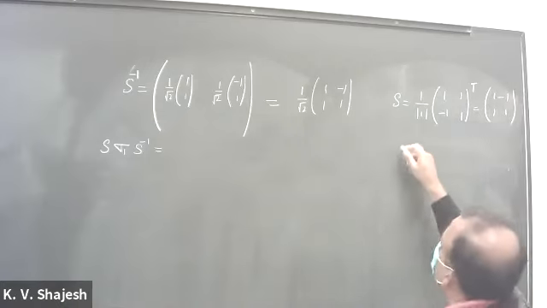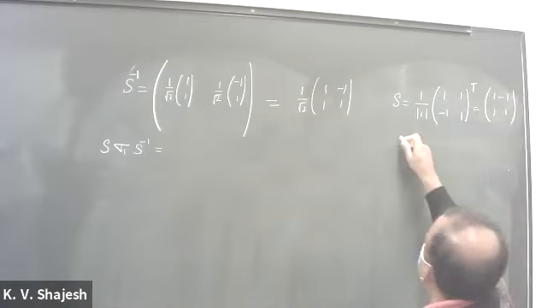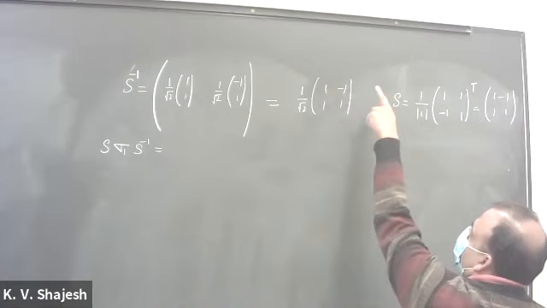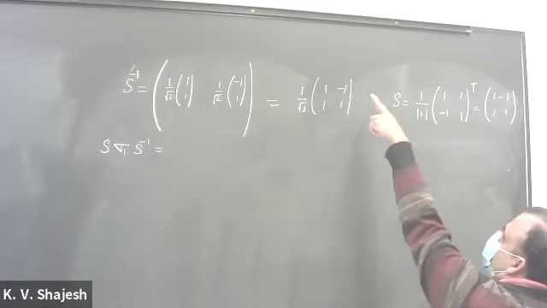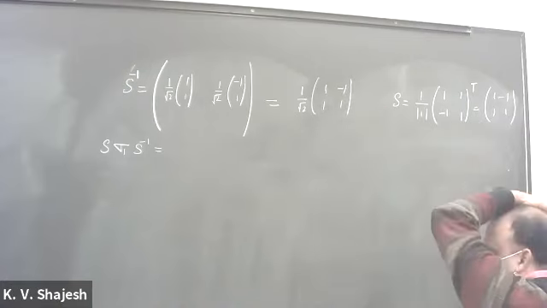Let's quickly check this. Is there a 1/√2? What was the determinant here? 1 by 2 plus 1 by 2, that's 1. So this seems to be correct.